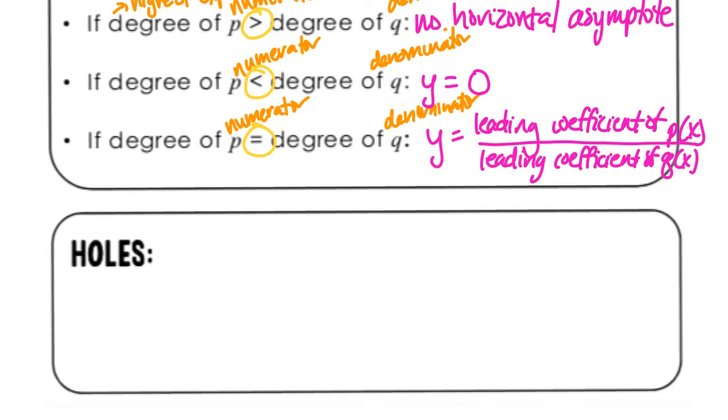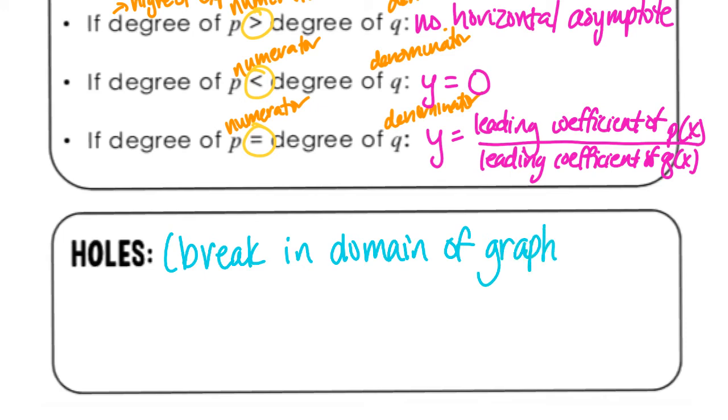All right, so now we have to understand what a hole is in a function and how to find it. So a hole is a break in the graph. It's a point of discontinuity. So kind of think of a graph like a road.